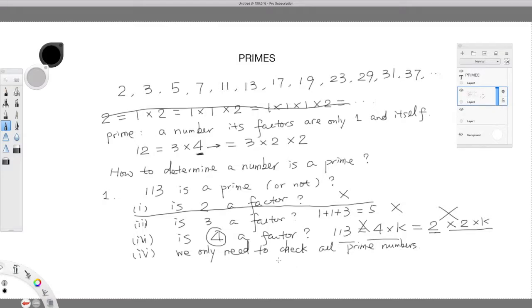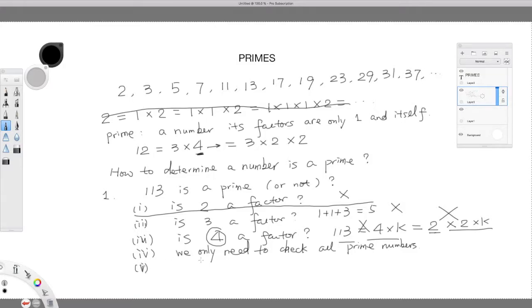Non-prime numbers, I don't care, because non-prime numbers have to be a multiple of prime numbers, and if we already check all the prime numbers, we don't need to check the non-prime numbers. Okay, so we still need to check all the prime numbers.